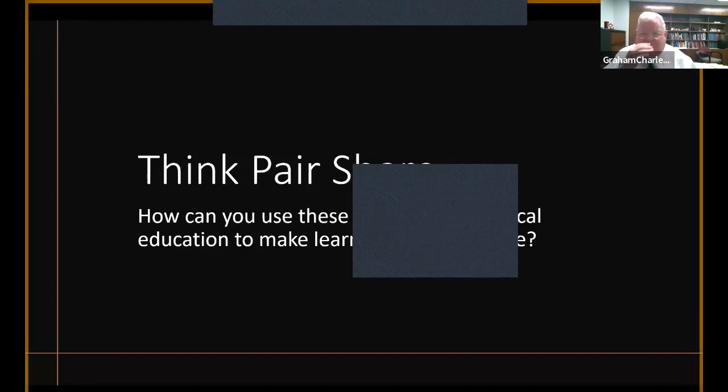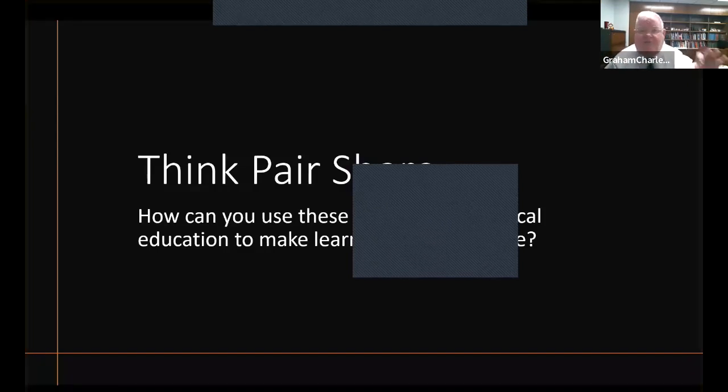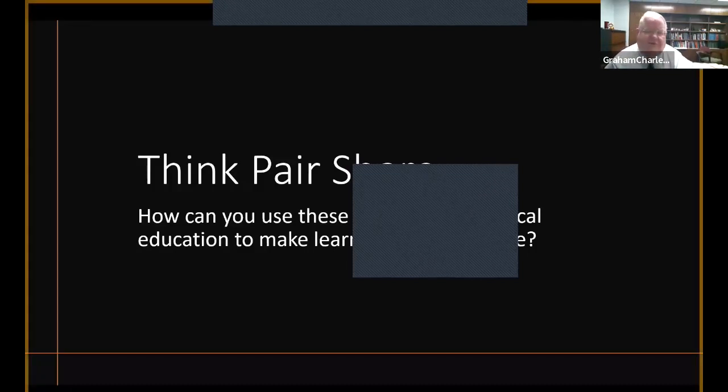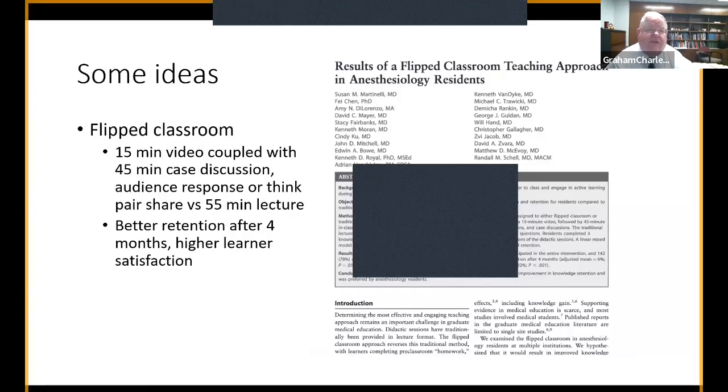But on this platform, we can't pair up. But the idea is exactly as Dr. Mazur described. You ask the learners to think about it, and then to pair up and struggle with what is the answer. And then you ask some of them to share what their answers are, and you have a discussion. And you end up with better understanding than if the expert had just spoken it in the classroom.